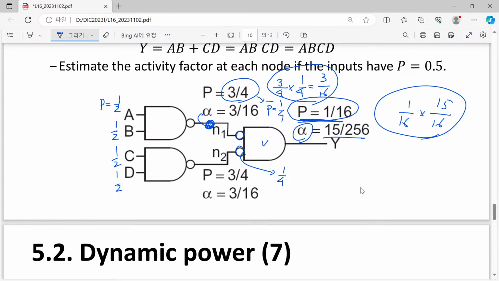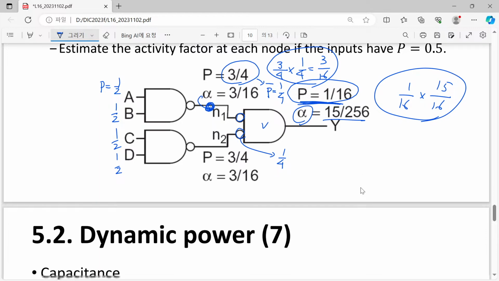So what you have to do is learn extensive use of computer programs. You have a good computer program to estimate power consumption from the given layout, and you have to do it many times to optimize that.